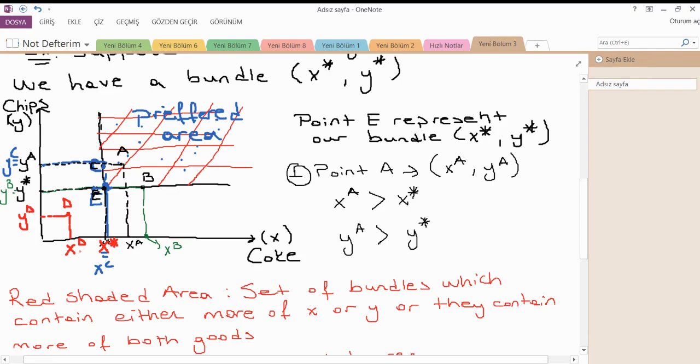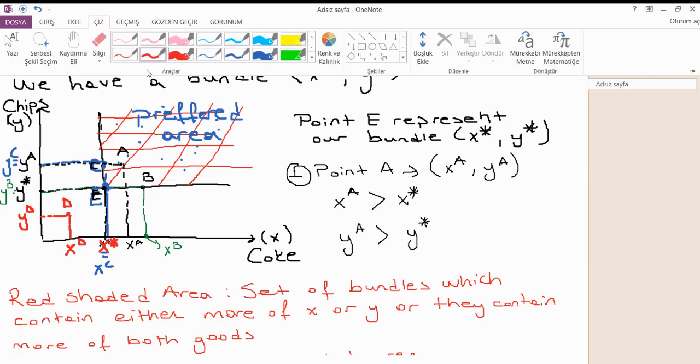As you see, the coke quantity at point D and also the chips quantity at point D is less than our first bundle. So if we have more is better assumption, no individual is going to prefer point D and the bundle that point D is representing to our X star Y star bundle, which is represented by point E. So I'm going to shade this area.